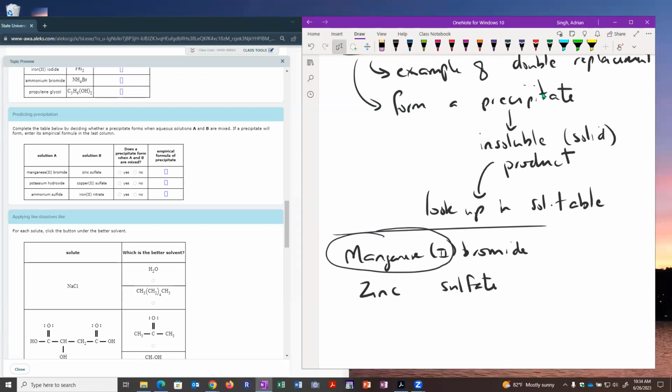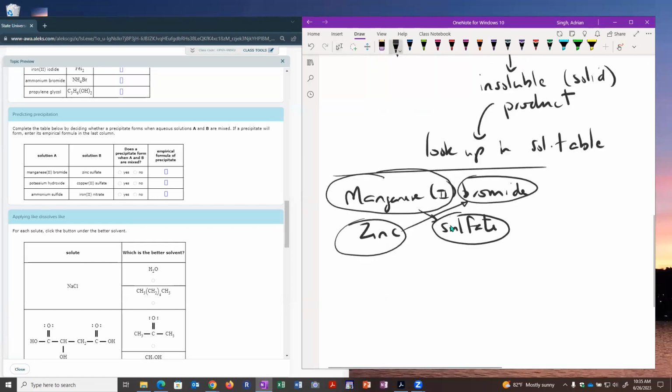We're going to take the metal from one and switch it. We're going to combine it with the anion for the second, and then we'll do the same thing. The metal from the second one goes with the anion from the first one. So we just swap the metals. In other words, we end up then with zinc bromide, and then we're going to get manganese 2 sulfate.